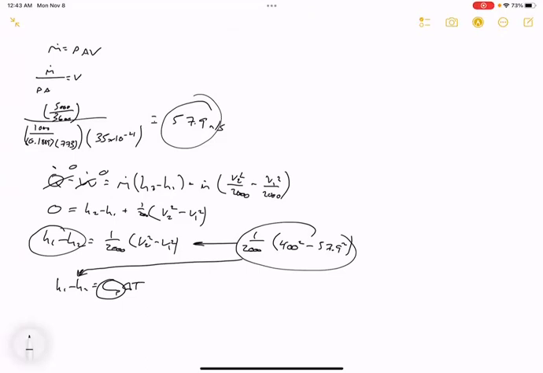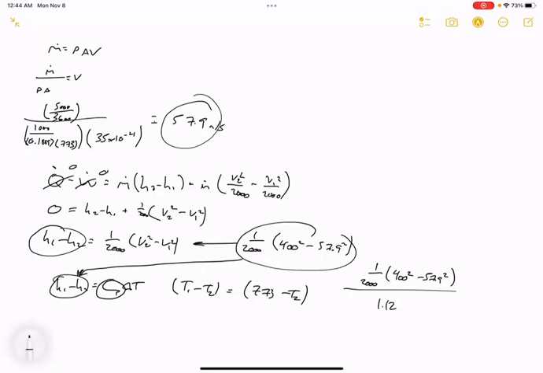And we know that delta T is between T1 and T2. We know T1 is 773, and it's T2 that we're trying to find. This is how we're going to find it. To summarize, we do 1 over 2,000 times 400 squared minus 57.9 squared, divided by Cp for carbon dioxide, which is 1.126 kilojoules per kilogram Kelvin.